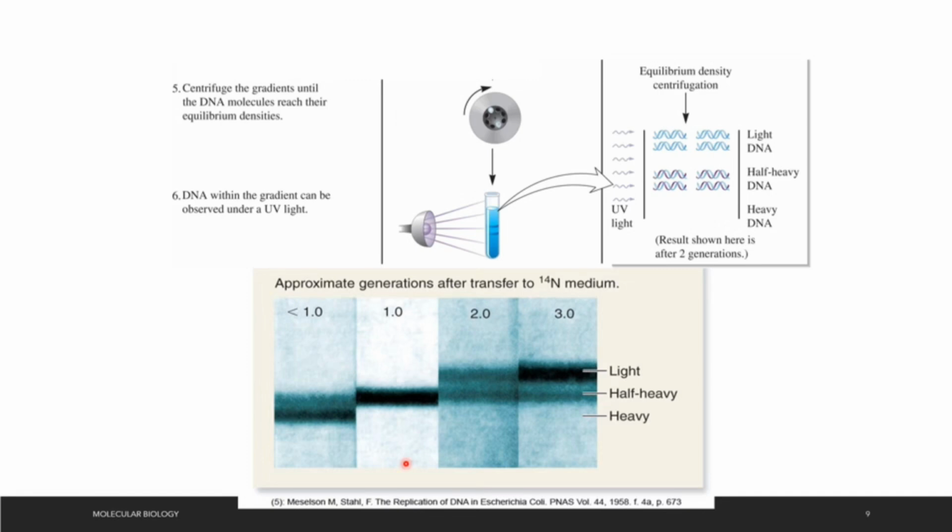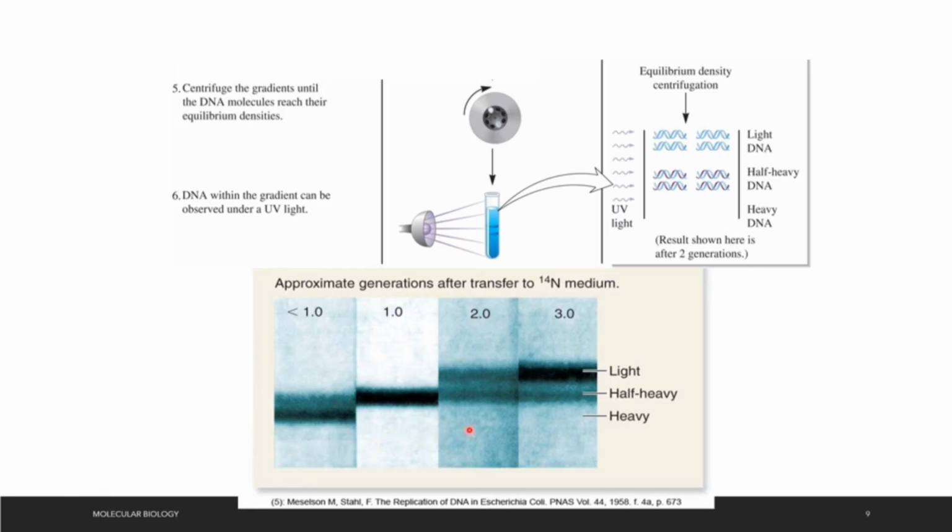The hybrids will be half light, meaning that the weight of these hybrids will be between the heavy and light weight DNA molecules, which is precisely what appears in the 1.0 generation. The less than 1.0 generation is where some cells are already generating new DNA and some cells are not. That's why you still see a population of heavy DNA here.